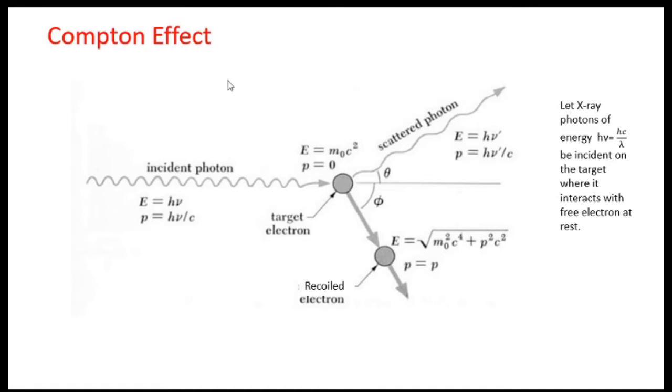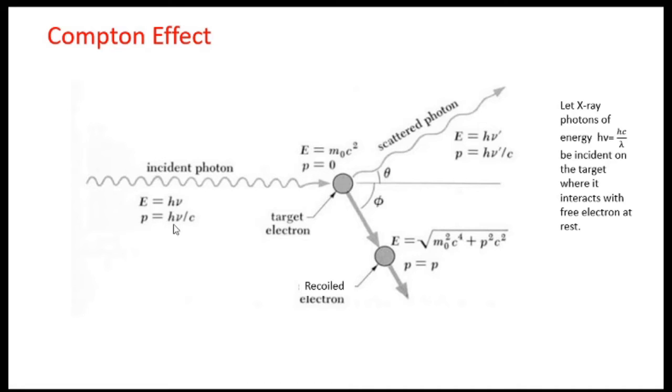So, in this particular figure, the X-ray photons or beam of X-ray is incident on target material. Energy of photon is given by E is equal to h nu, and this can also be written as E is equal to h nu is equal to hc upon lambda. Momentum of photon I have stated initially is given by h upon lambda.